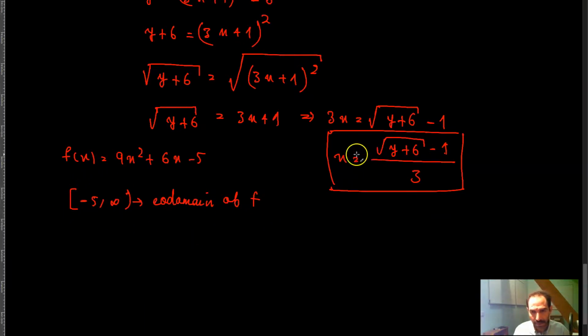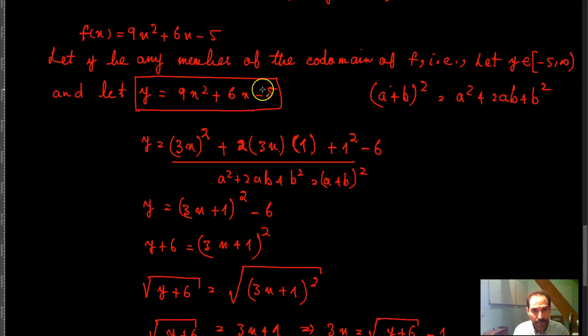The way that I can make sure that is the case is to use this equation, because this is basically the inverse process of the function that we had in the first place. So the function was f of x is equal to 9x squared plus 6x minus 5.